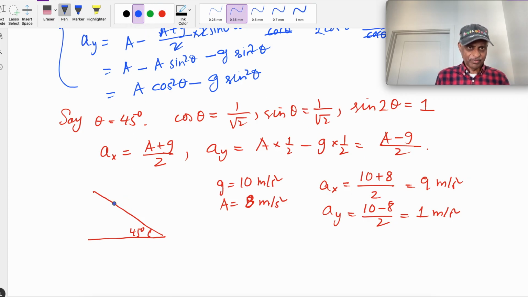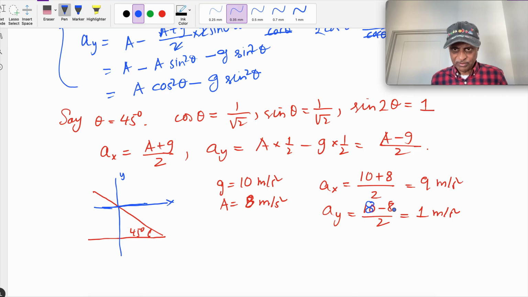So this is the positive x direction, and this is the positive y direction. 8 minus 10, that's how I was thinking, minus 1. So this is minus 1, and the other is 9.